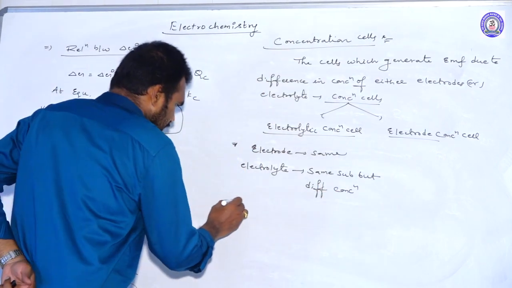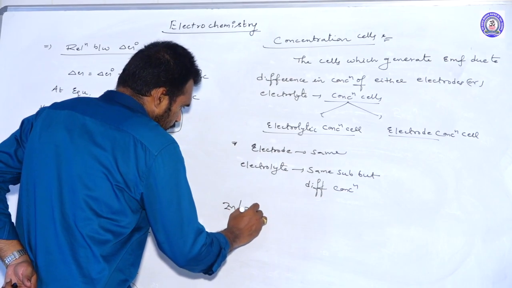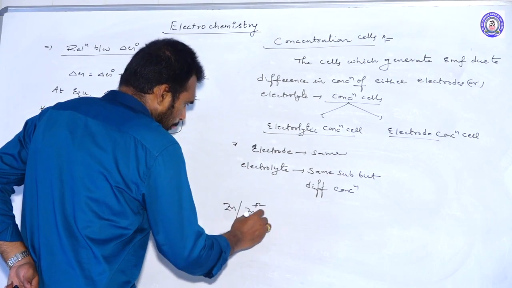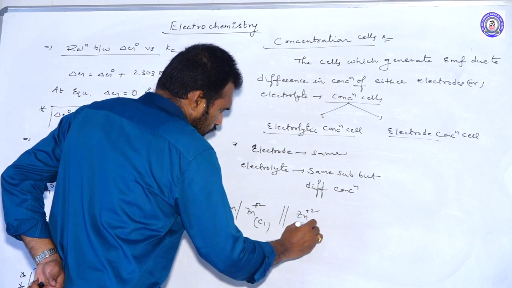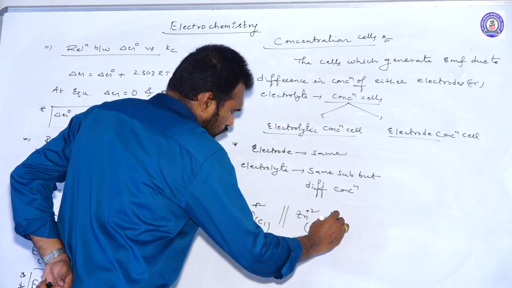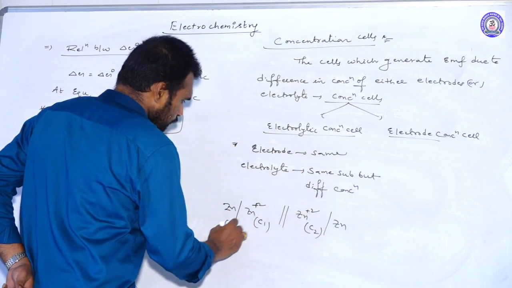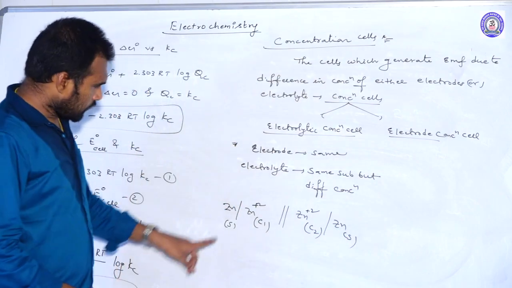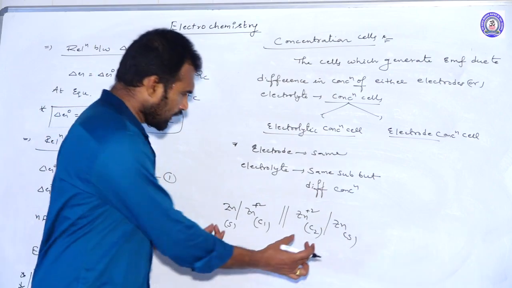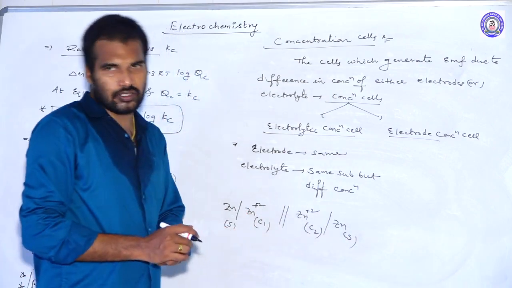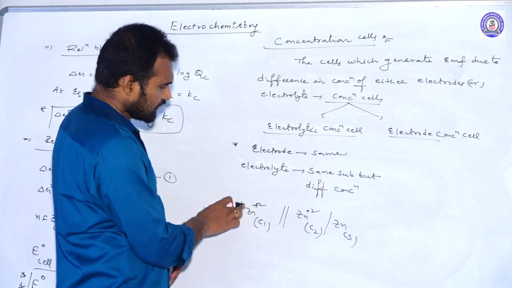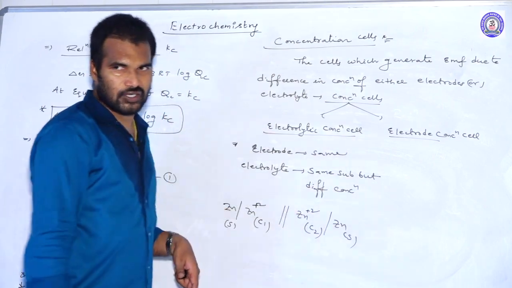I just give an example: Zn | Zn2+ (C1) || Zn2+ (C2) | Zn. What do you observe from this? This is an electrode and this is an electrode. Both electrodes are the same, zinc electrodes only. Even the electrolytes are the same, but this is at C1 concentration and this is at C2 concentration.